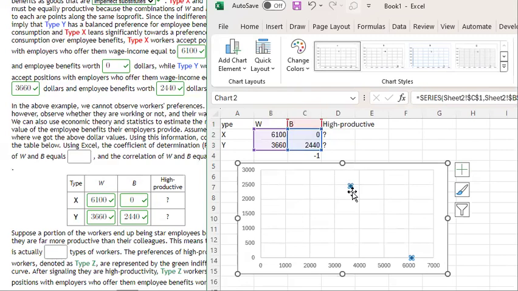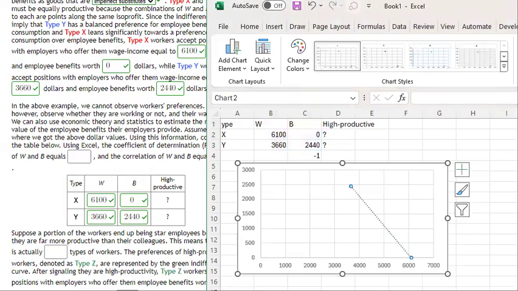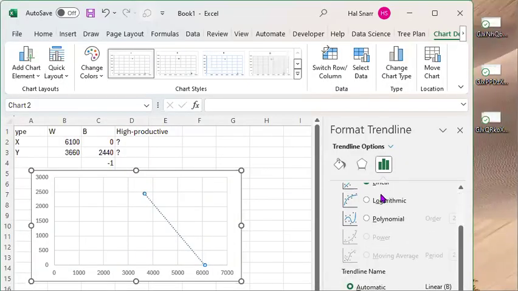Okay, I got a point here, and this point corresponds to what? It corresponds to the type Y worker. And this point down here corresponds to the type X worker. And then if I right click on one of these dots and add a trend line, I can add the R square at the bottom.